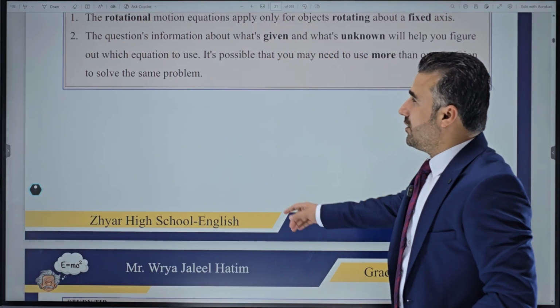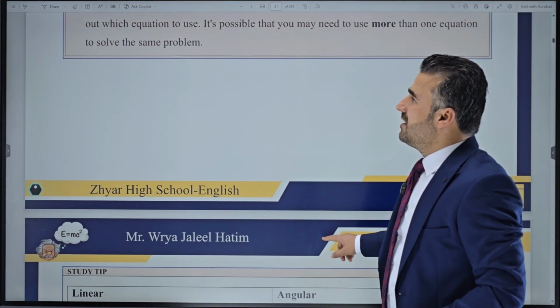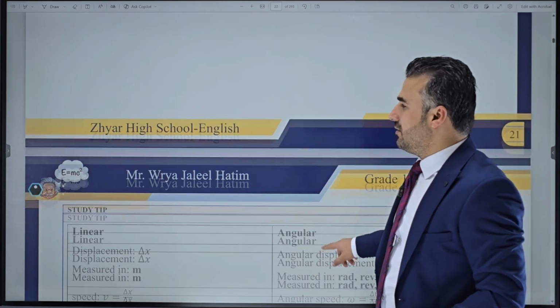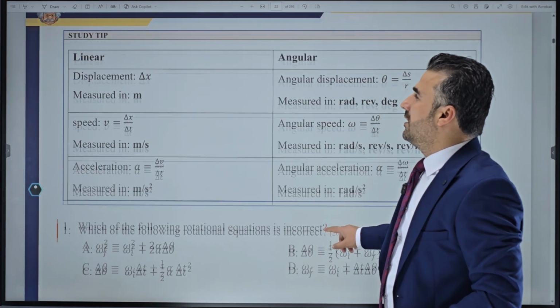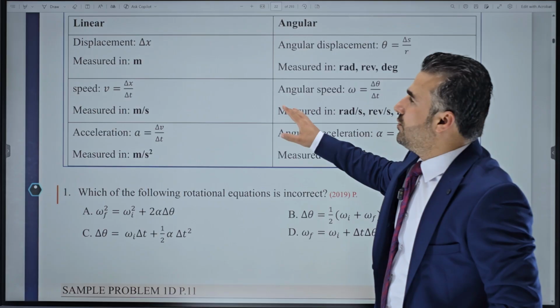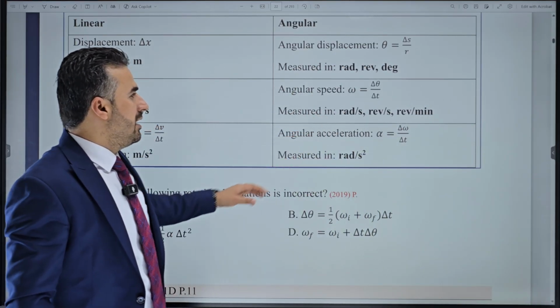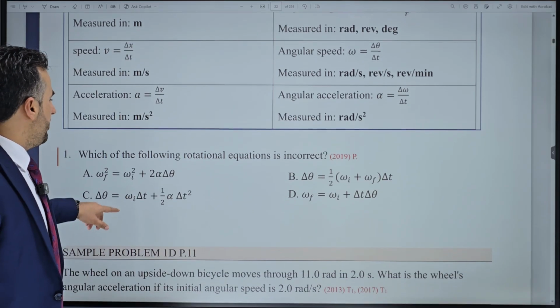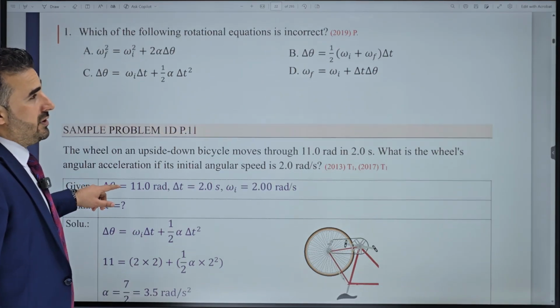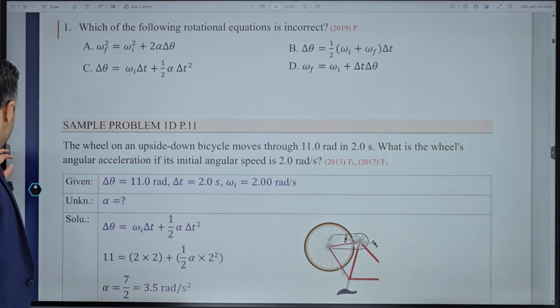The second point says the question's information tells you which equation you're supposed to use. And we just talked about linear quantities and how they can be found, and also their angular quantities, how they can be found, and also their units as well. So here we have a WASSCE question.